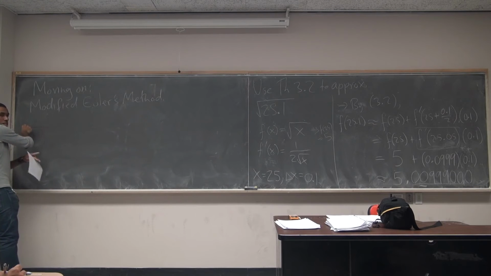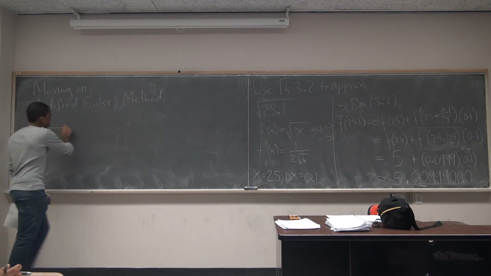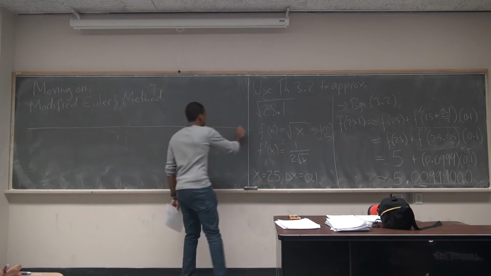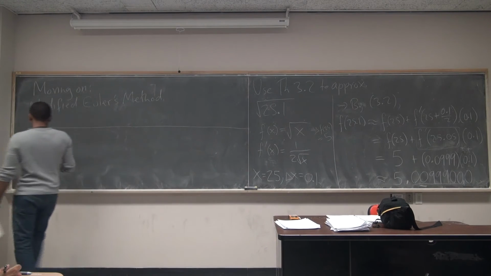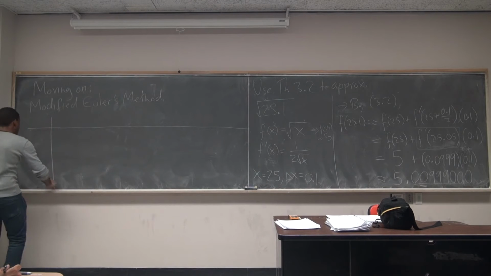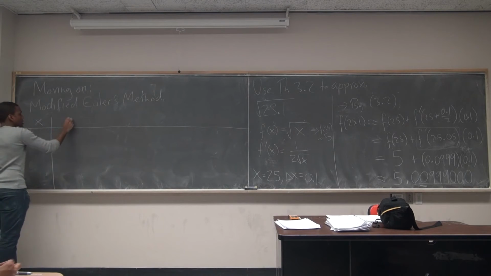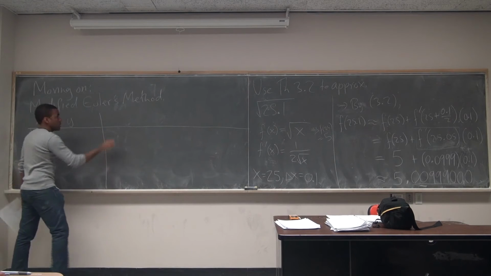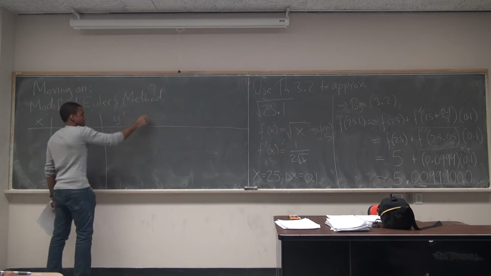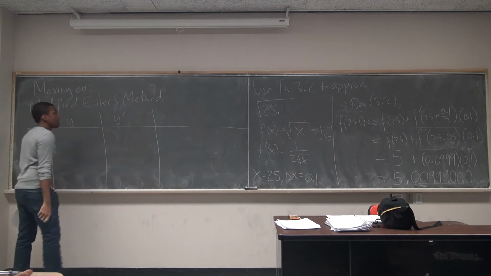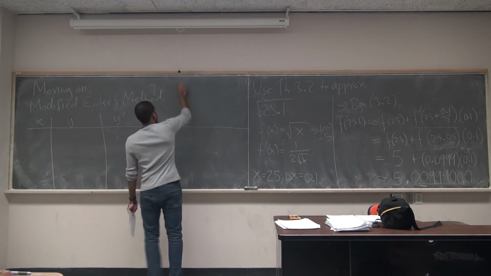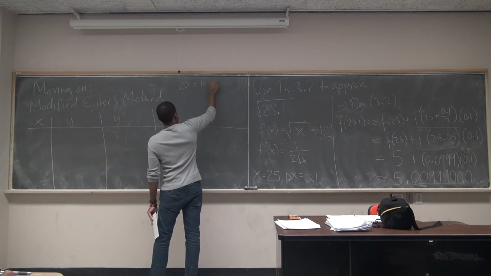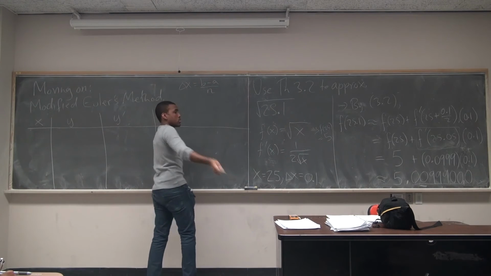So your delta x and all that stuff is computed in exactly the same way. And you start out pretty much the same. Right, so here's your x, here's your y, here's your y prime. Right? So again, delta x equals b minus a over n, just as normal.